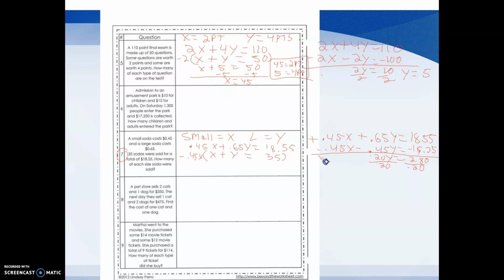So y is going to equal, what is it? 14. So that means I have 14 large sodas. All right, pretty easy to figure out the other one, right? Just minus it from 35. So I'll plug it in, so it'd be x plus 14 equals 35, minus 14.